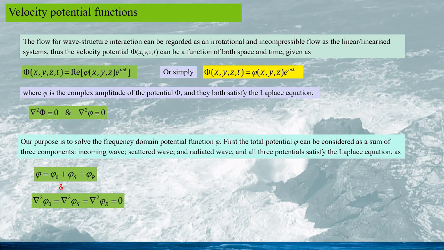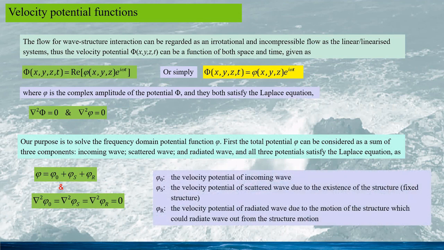The potential of the radiated wave, phi r: the waves are radiated due to the structure motions, which can be superimposed on the incoming and the scattered waves. Such a separation is made mainly for easing the boundary conditions for the boundary element method. We will see this later in the talk.